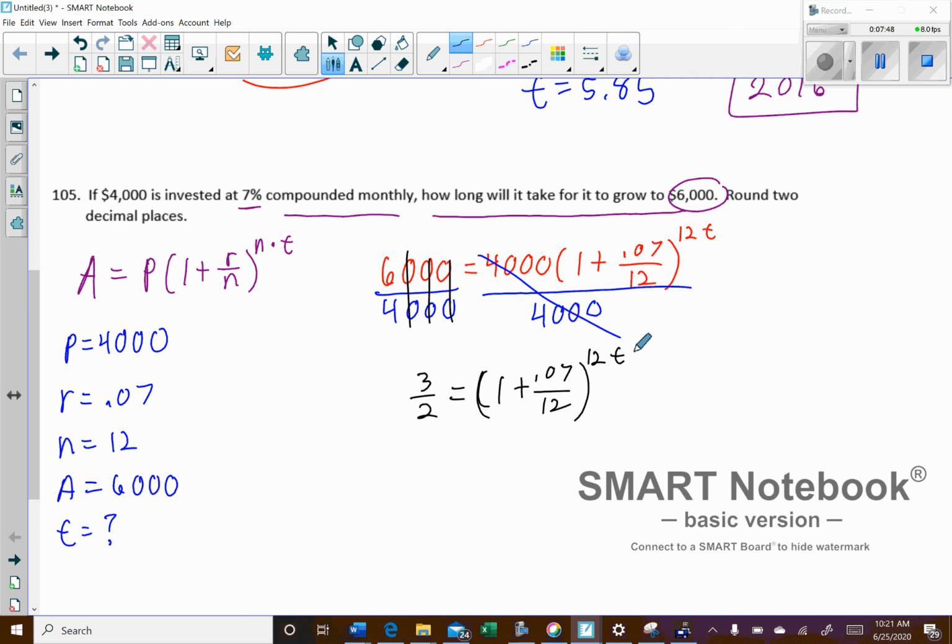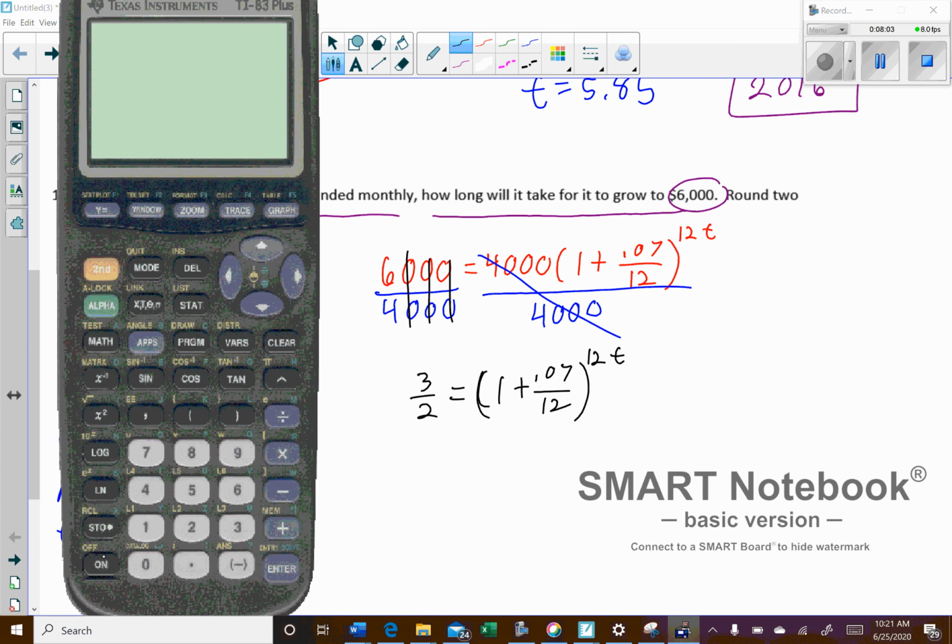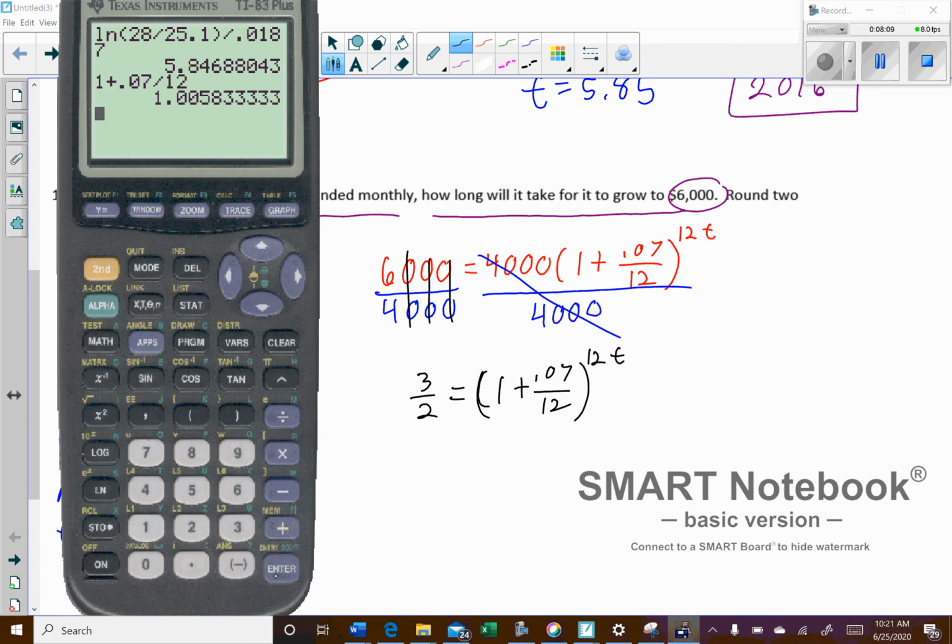There are a couple different ways we can go about this. I could take the log base of whatever this number is right there, but I don't think that's going to come back very nice. 1 plus 0.07 divided by 12, I don't think I'm going to want to deal with that.